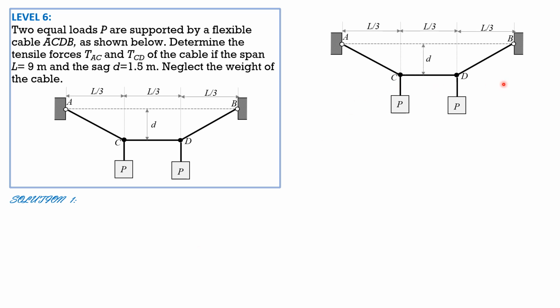Because of symmetry, and because the loads are vertical, the horizontal component of tension at all points on the cable will be the same, and we will denote that by H. And the vertical component of reaction or tension at A and B will be the same, equal to P by symmetry, as shown.